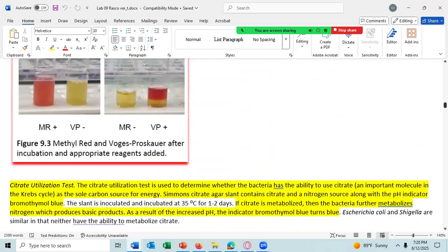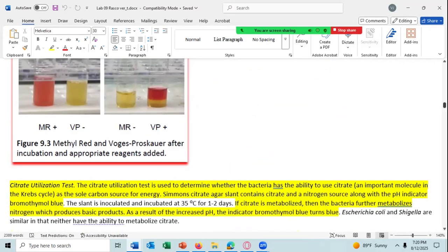I have a quick question. It says that the broth needs to be incubated for 2 to 5 days. If we were using this test for our unknowns project, could we use the broth that we already have for this test, or do you have to make a new one, because it says containing peptones and glucose?